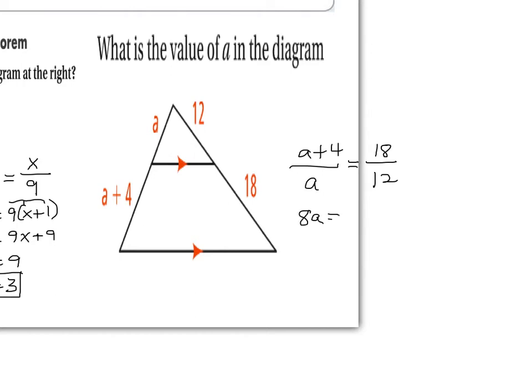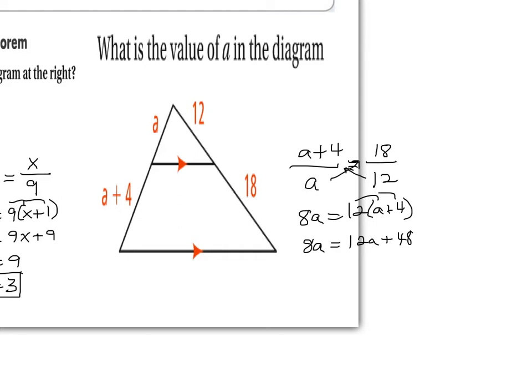I have 18a equals 12 times the quantity a plus 4. Again, I have to distribute the 12. So 18a equals 12a plus 48.